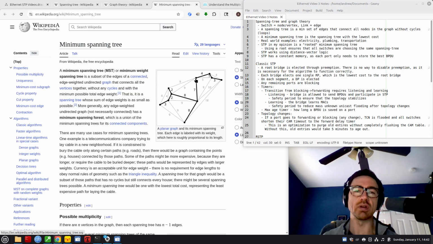And you could minimize the cost of copper by finding the minimum spanning tree. You could have the weight of every edge be the length of the wiring that you would run on that edge. So there are more use cases for spanning trees than just layer 2 spanning tree protocol.